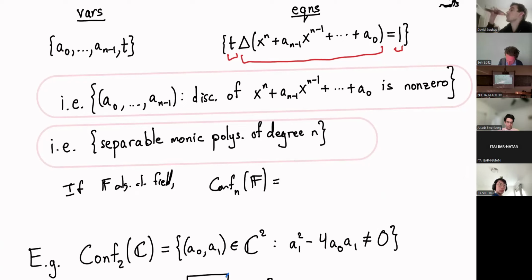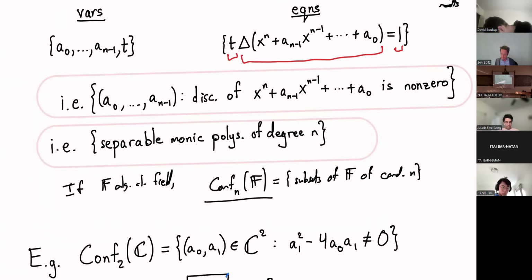This is also the set of subsets of F of cardinality n. This is the space of subsets of size n inside F. And the points I get don't have an order. The coefficients have an order, but the roots of the polynomial don't come in an order. All right, so that's what this configuration space is doing.